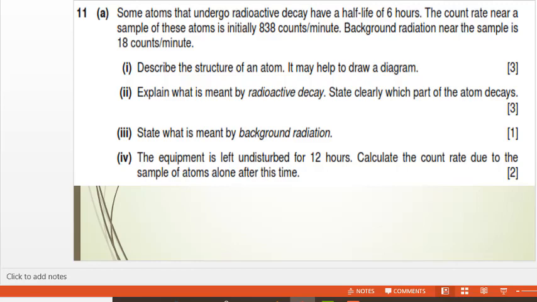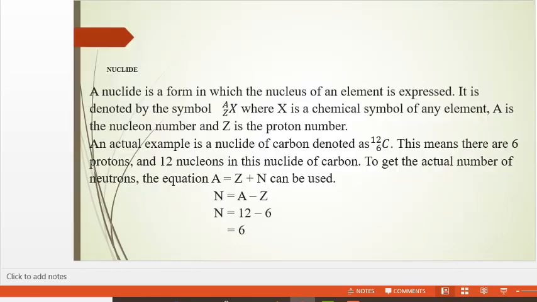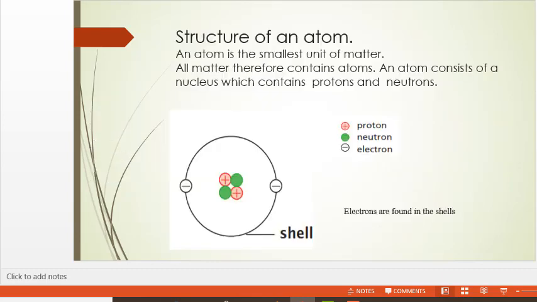Actually, we started from there. So it's just a matter of realizing that an atom has the nucleus, which is the center, containing protons and neutrons, and it has shells containing electrons.